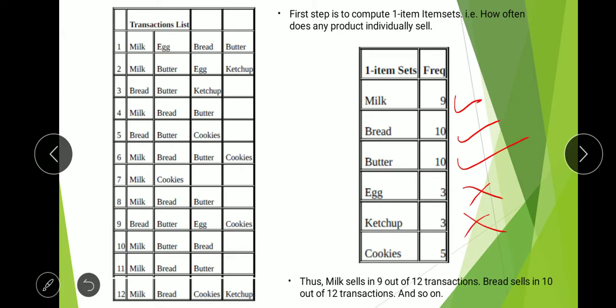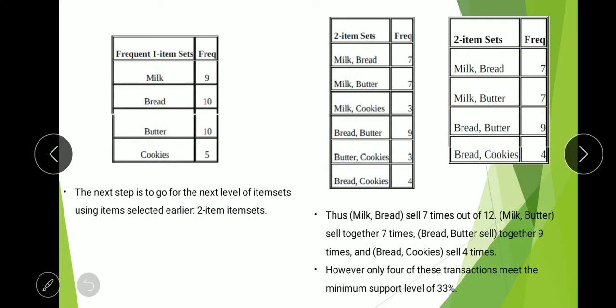What about cookies? 5 is obviously greater than 3.96, so we can choose this. So our final one item set table will have milk, bread, butter and cookies. It does not have egg and ketchup. This is the final table of one item sets.